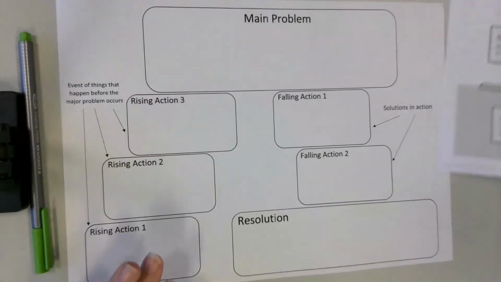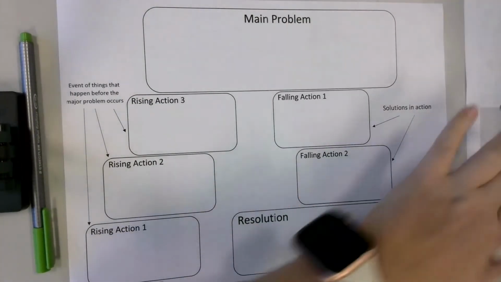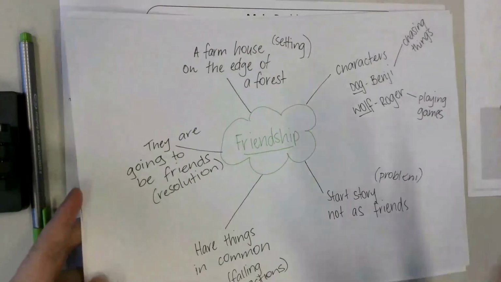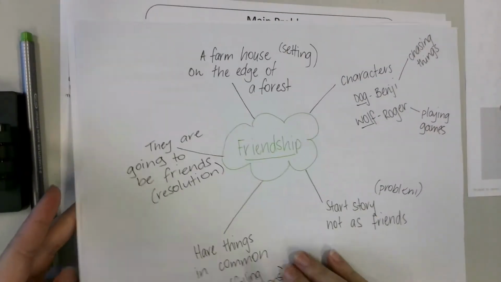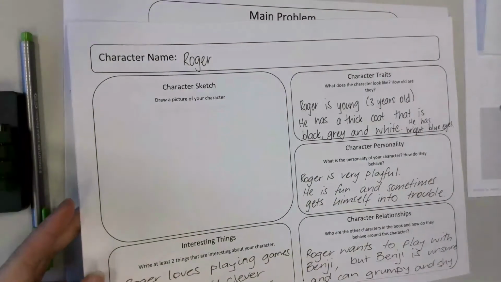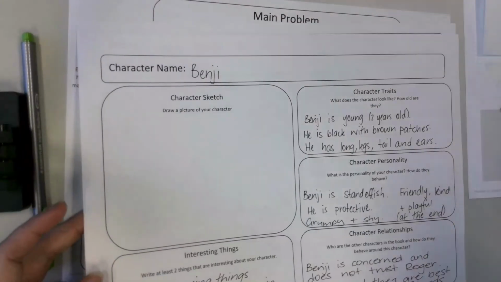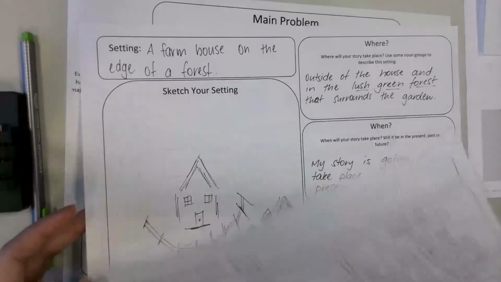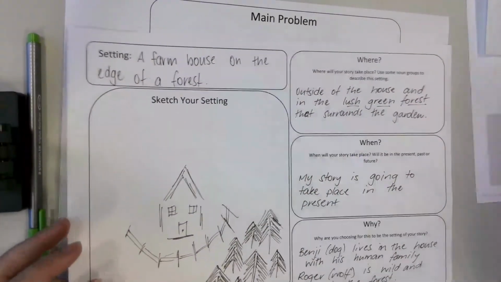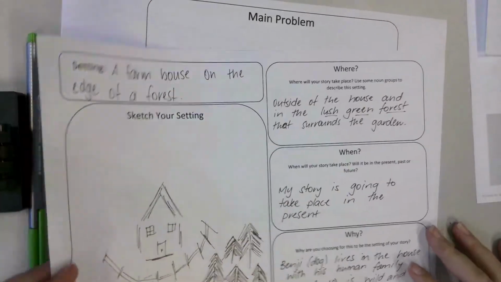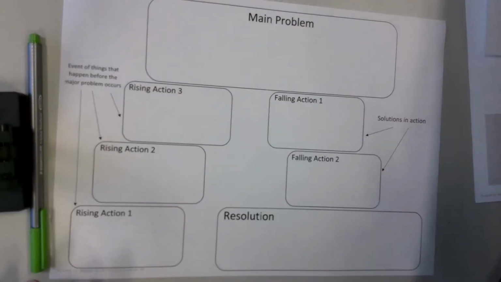Up here and down here is where I'll see those two conflicting personalities between my characters. As well as that, I've also got all my previous work from this week to look through if I need. So I've got my mind map that I did at the start of the week, my character planning sheets, and my setting planning sheet, in case I want to refer back to them. Excellent.